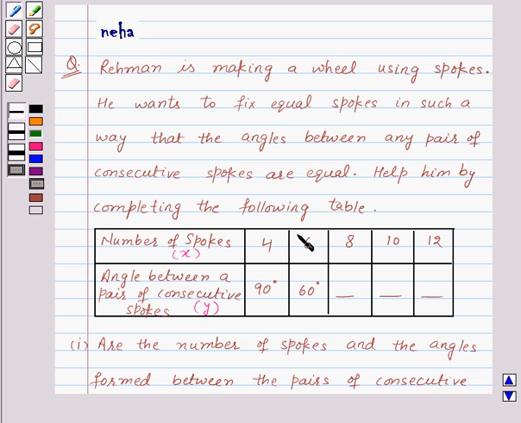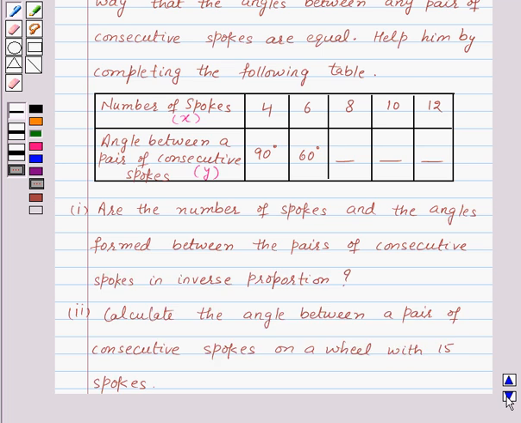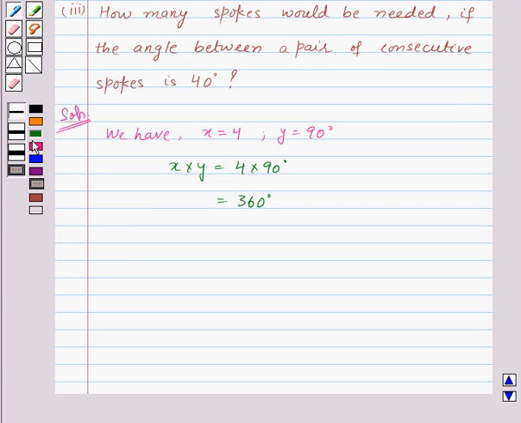Now let's check out the second case, that is x is 6 and y is 60 degrees. This implies that x into y is equal to 6 into 60 degrees, which is equal to 360 degrees.